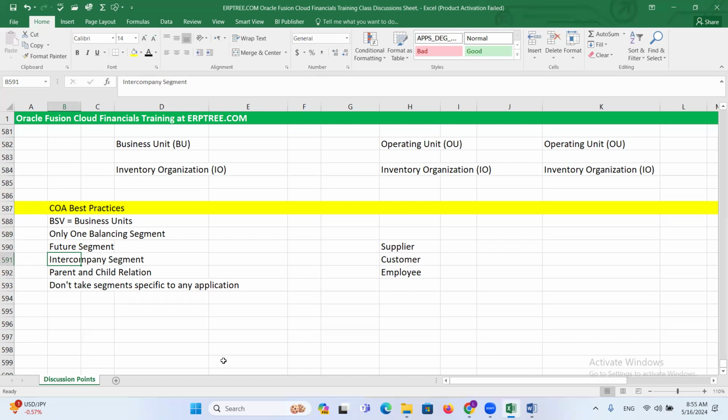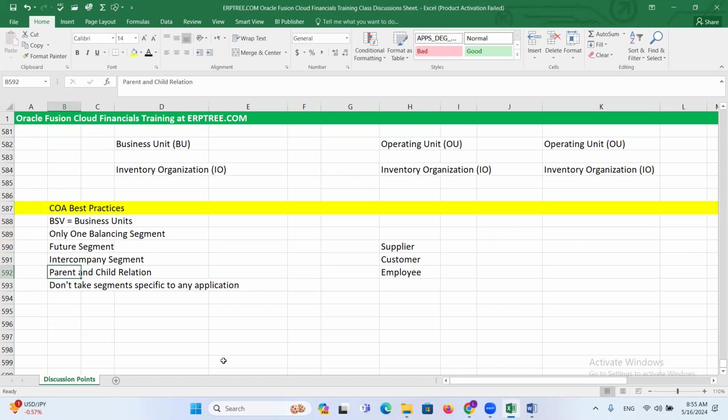Without an intercompany segment, yes, we can record the intercompany transactions, but you will not have greater visibility in reporting. If you take one company, finding which company it performed intercompany activities with will become difficult. If you have an intercompany segment, it would be easy. You will easily be able to track the counterparty when you are recording the transaction, and you can use the same for reporting.